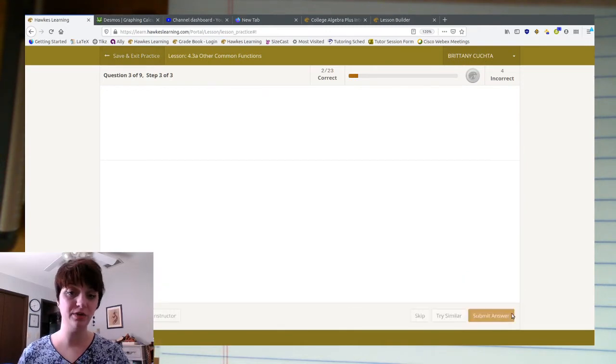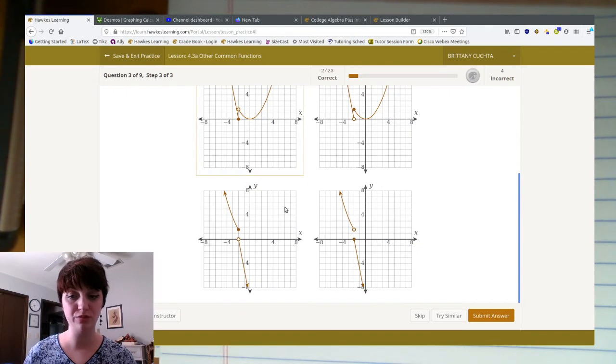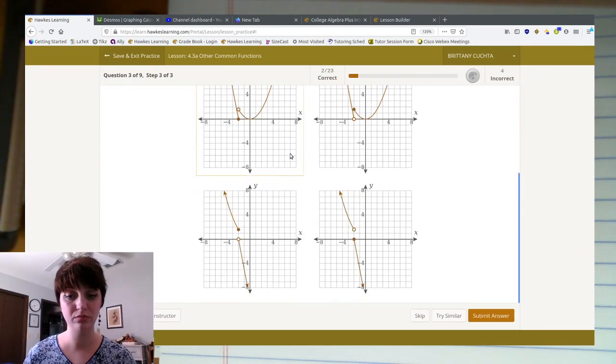The last part is to pick the correct shape. Okay, so here are our options. I need linear with negative slope, then a parabola that opens up. So 3 and 4 aren't good because it's something going down and it should be a parabola that's opening up.